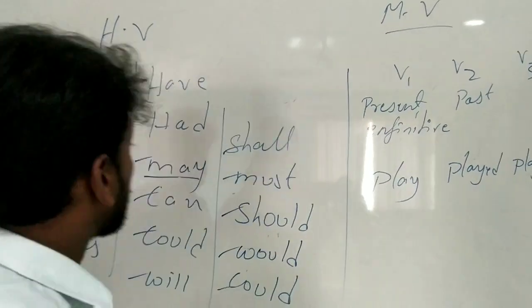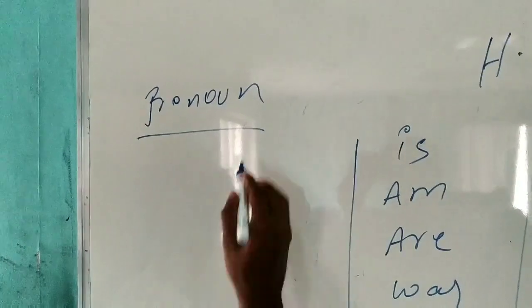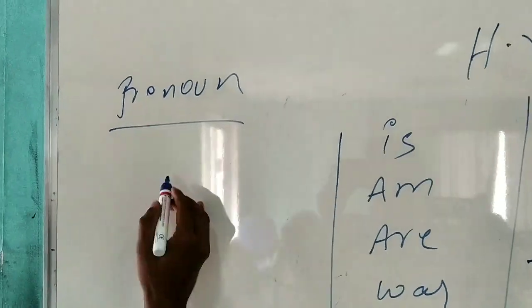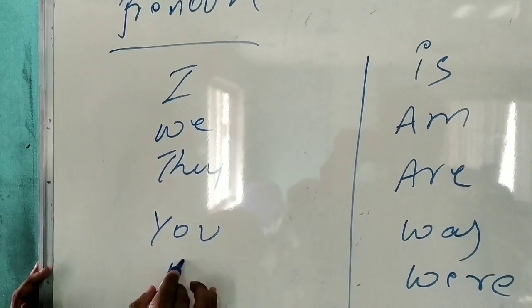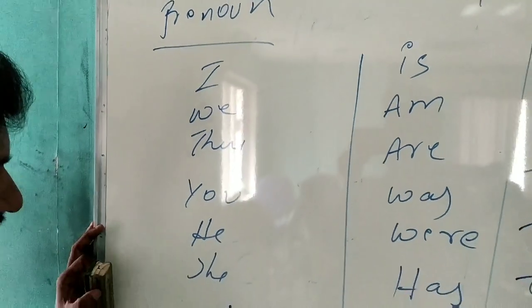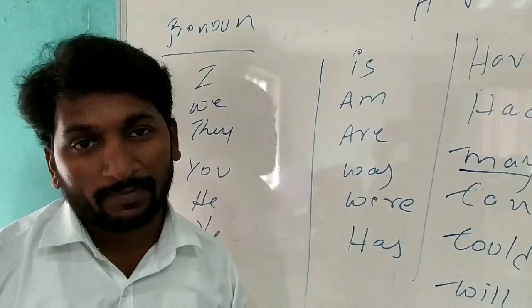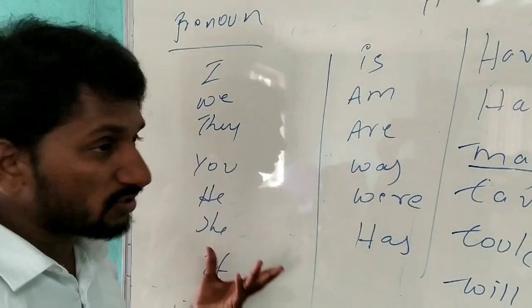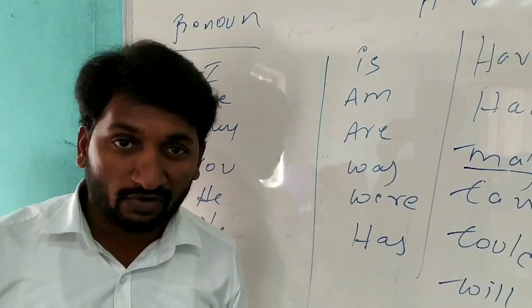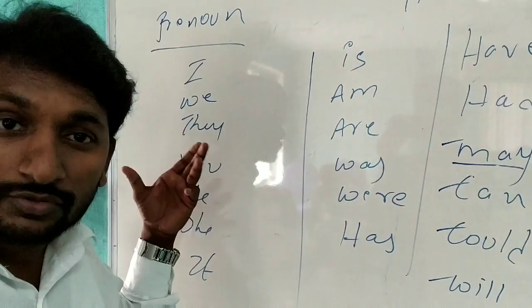These are called pronouns. Could you tell me what pronouns we know, or else I would write them down: I, we, they, you, he, she, and it. These are the pronouns we use instead of people's names. Even if I want to address somebody in front of me, I don't have to use his name every time. Instead I can use the pronoun you.